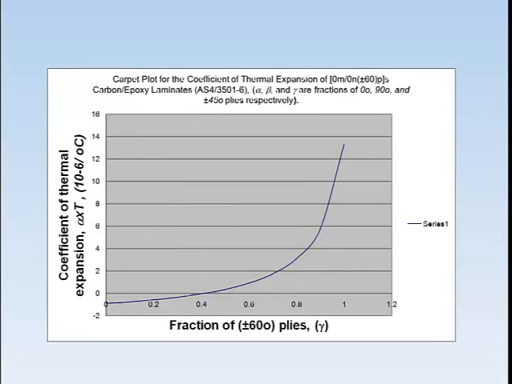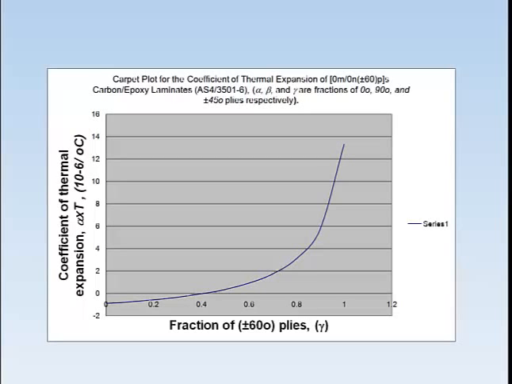In the x-axis we are taking the fraction of plus or minus 45 degree plies, and in the y-axis the coefficient of thermal expansion alpha xt. In the x-axis we are substituting the values of gamma 0, 0.2, 0.4, 0.6, and alpha equal to 0, 0.1, 0.2 etc.